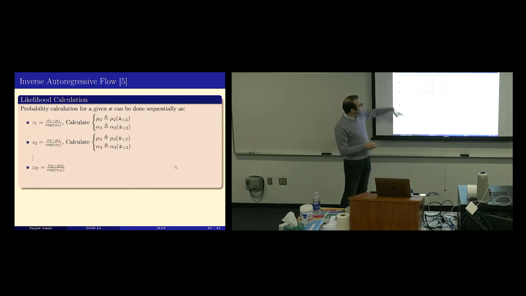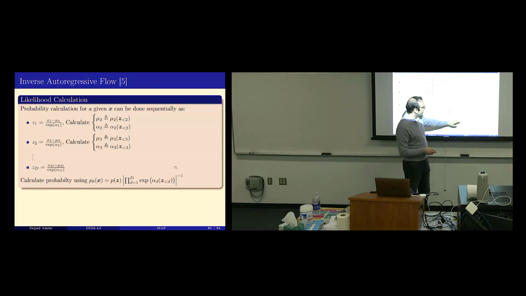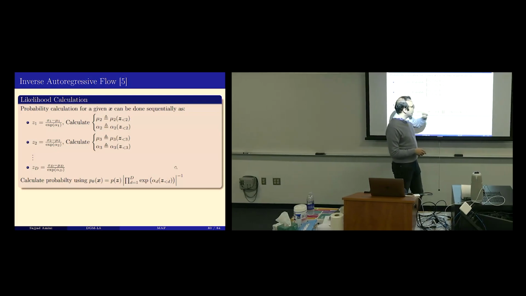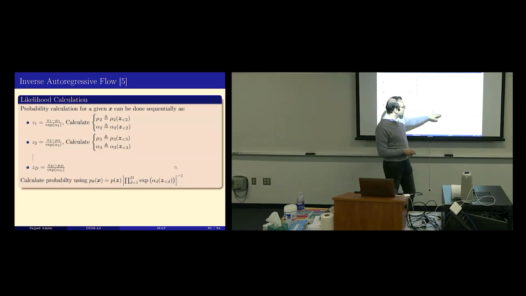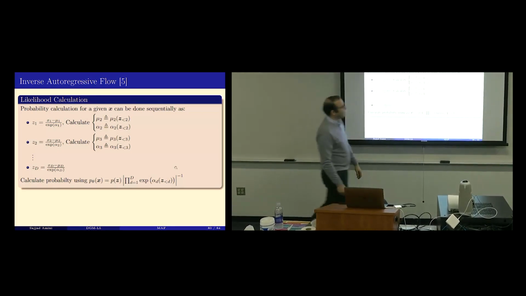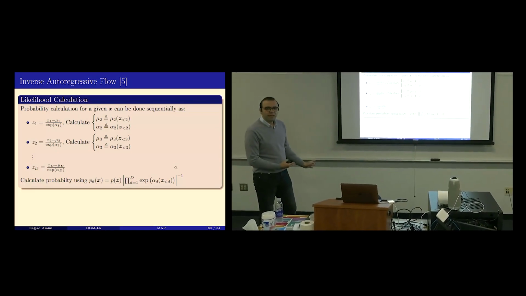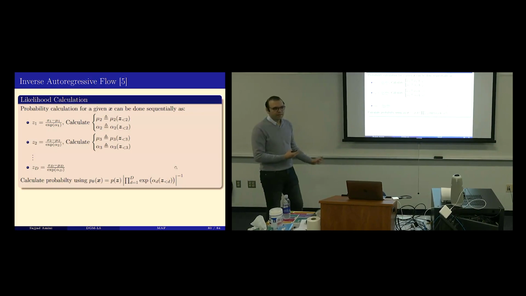After you calculate all of this Z, then you can calculate the likelihood using the change of variable theorem. The likelihood of the model assigned to X is the likelihood of Z in the base distribution times this normalizing factor, which is the determinant of the Jacobian. And it is inverse because it is the determinant of the forward transformation, so it is -1. Clear? So the likelihood calculation cannot be done in parallel. It is sequential. So training them is time consuming.